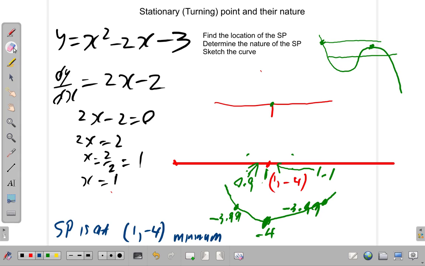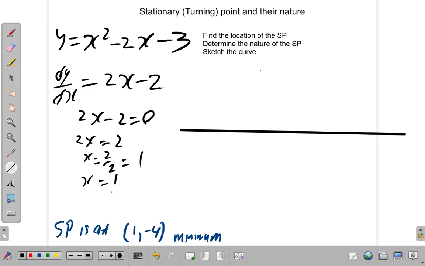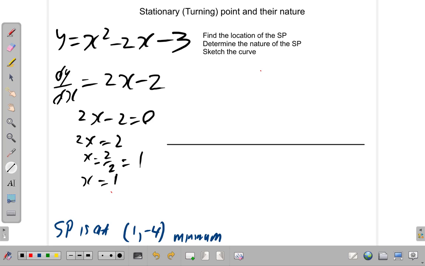So let's sketch the curve. We want to get an idea what the graph looks like. Let me draw our x-axis and our y-axis a bit thinner than that. Alright, we're going to sketch the curve.